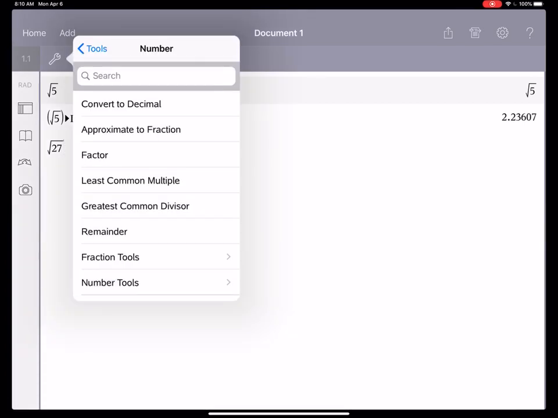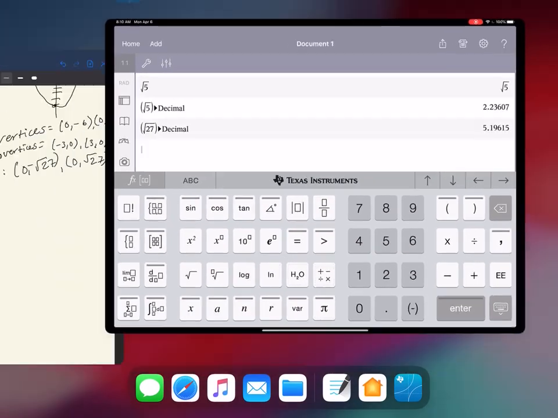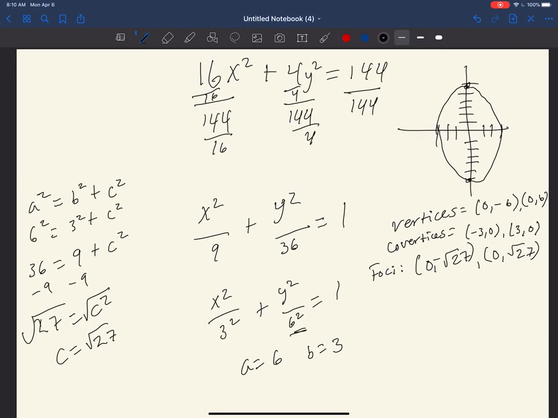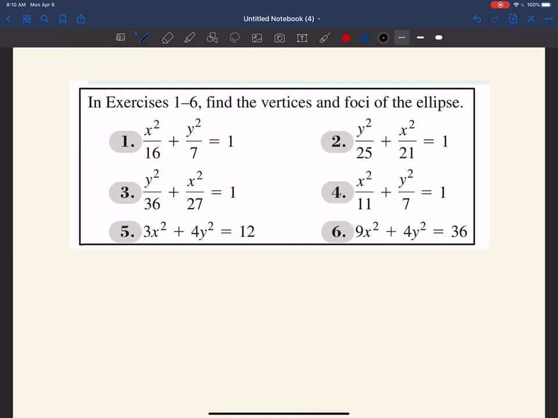Menu, approximate to decimal, and it will be 5.12. So again, we're going to come in here and we're going to mark it. And we are done. So now there's some examples for you to practice.